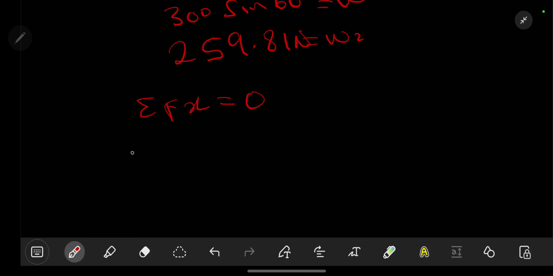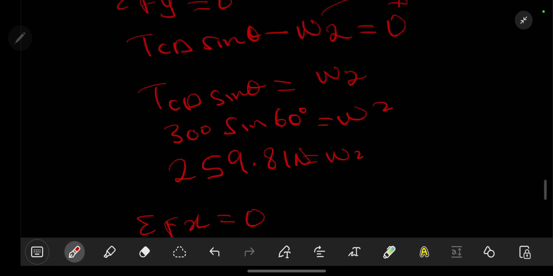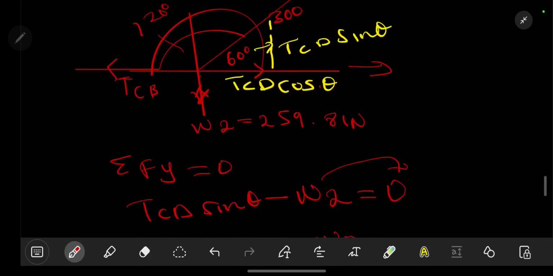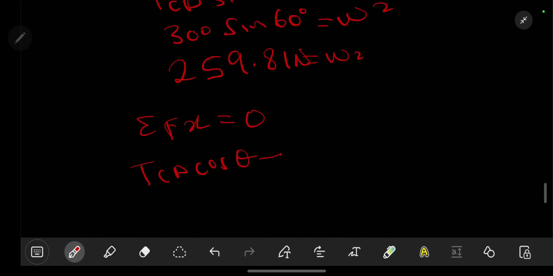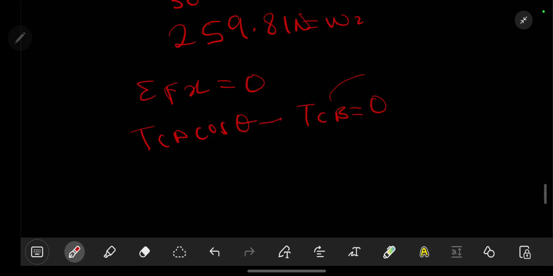The force that we have is our TCD cos of our theta minus the opposite side of this angle, which is our TCB, equal to 0. We take this to the other side, since they are acting in different directions. So we have our TCD cos of our theta equal to TCB.